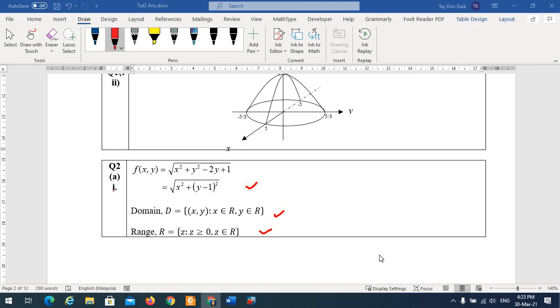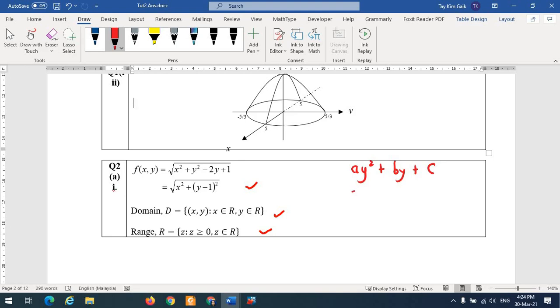Is anyone facing problems doing this? The answer is here already. This is completing the square. If you have, for example, a y squared plus b y plus c, and we cannot factor, then we do completing the square.